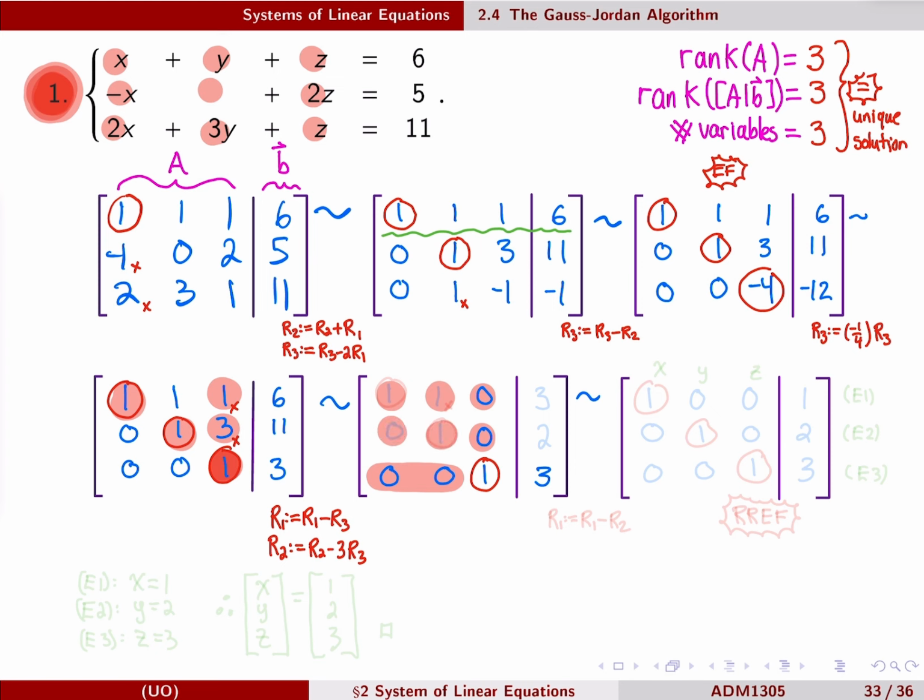So I can rewrite the 1, the 1, the 0, and the 1 because I'm playing with zeros, so I'm not changing anything. The true computations in this case are only happening in the augmented part. If you take 11 minus 3 times 3, you're going to get 11 minus 9, which will give you a clean 2. And then 6 minus 3 is going to give you a nice 3.